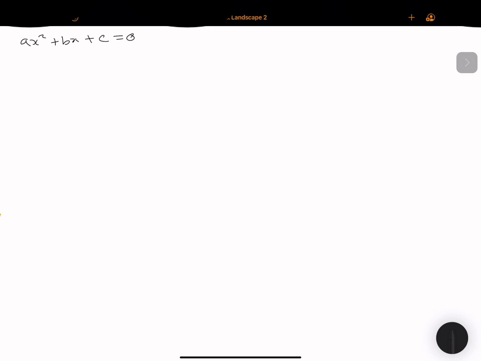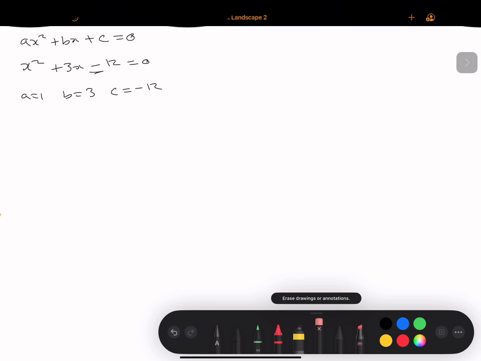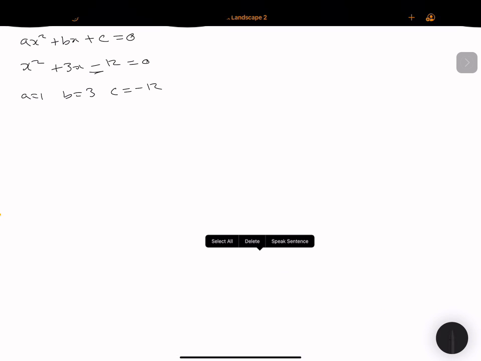Okay, so this could look something like x squared plus 3x minus 12, which equals 0, where a equals 1, b equals 3, c equals minus 12. Okay, so let's take an equation where b is 0.